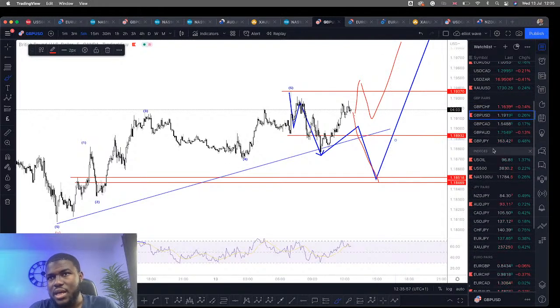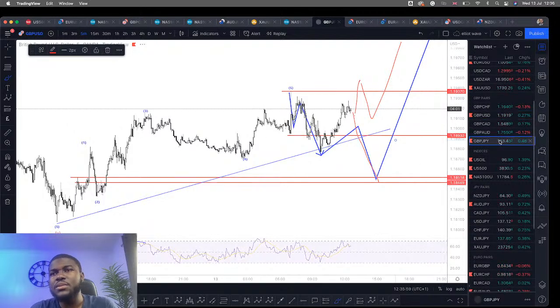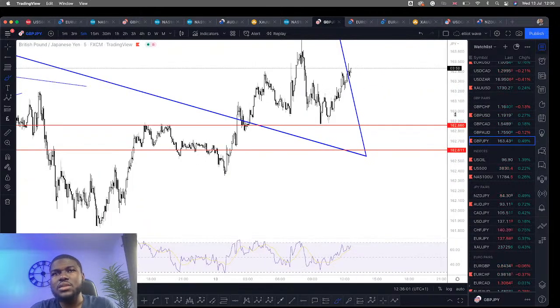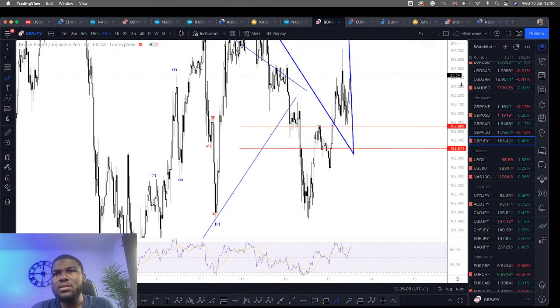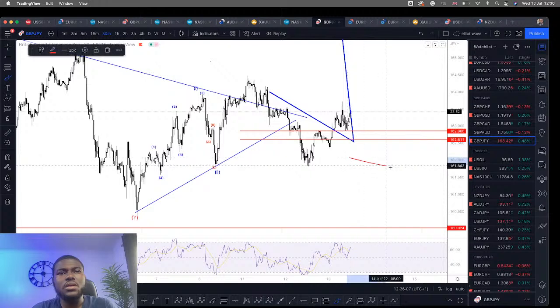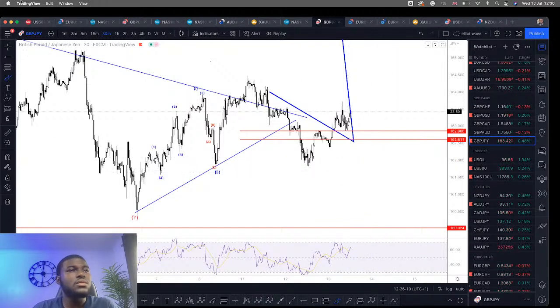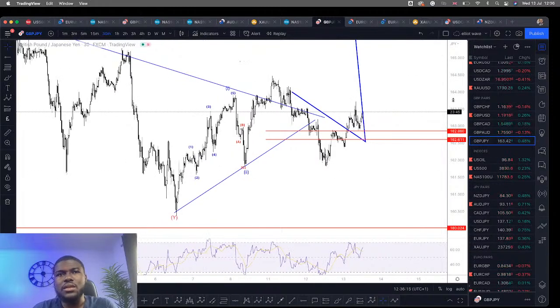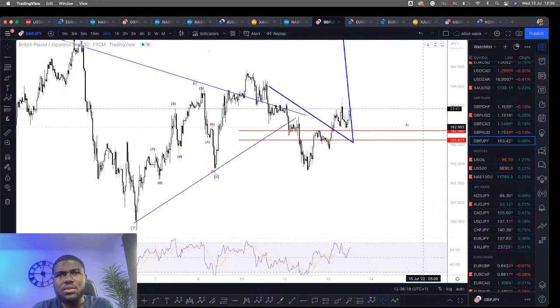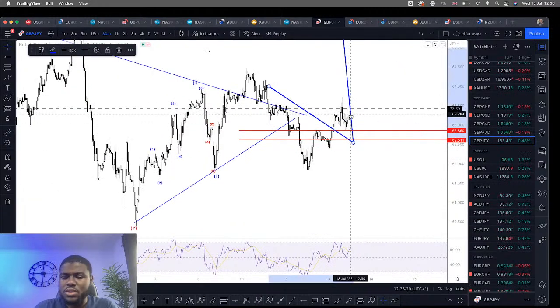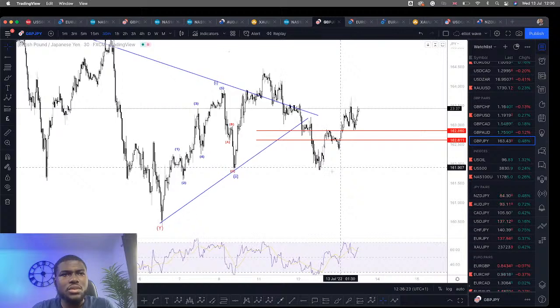So what else do I have to analyze? GBPJPY. Let me see, have we got anything for GBPJPY? I don't think GBPJPY is on my radar, but let me quickly check it out and see what's happening there.